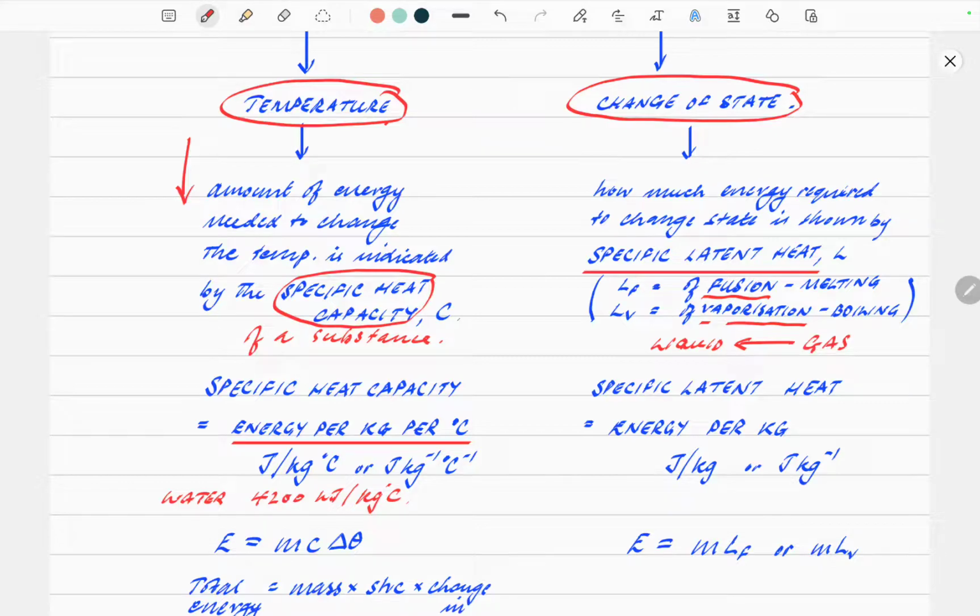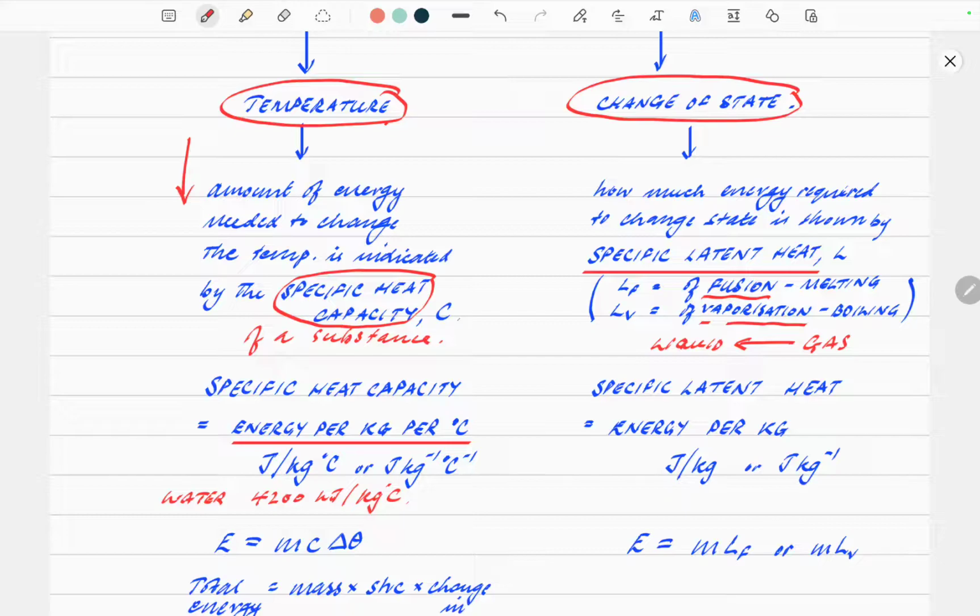So a negative calculation, all right? But the number remains the same. It doesn't matter whether it's going from liquid to gas or gas to liquid. The amount of energy change will be the same, but you have to consider whether the energy is going into the substance or coming out of the substance. All right? Okay, coming back to the calculations now.